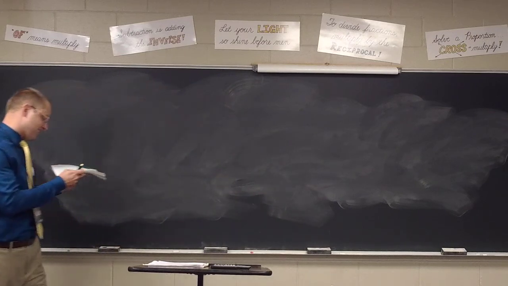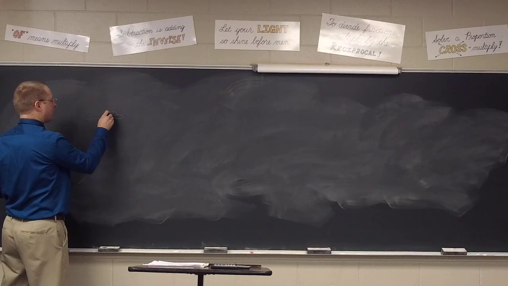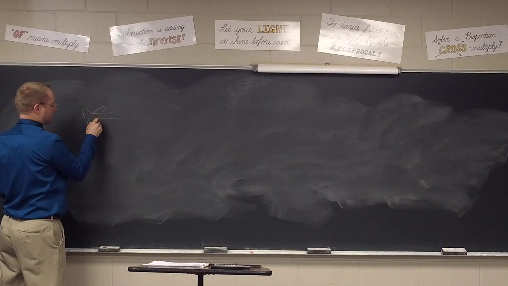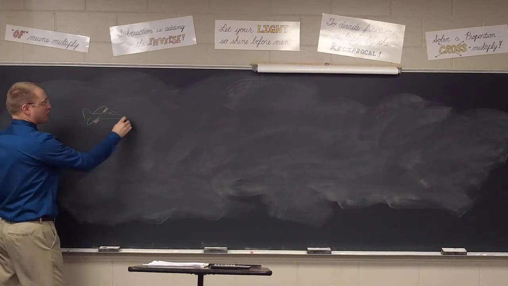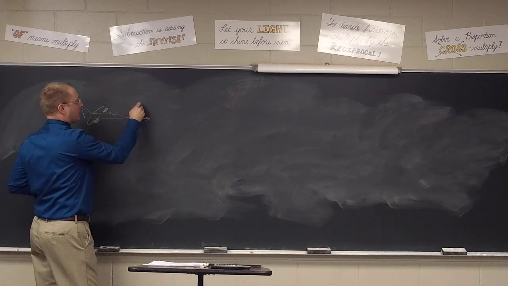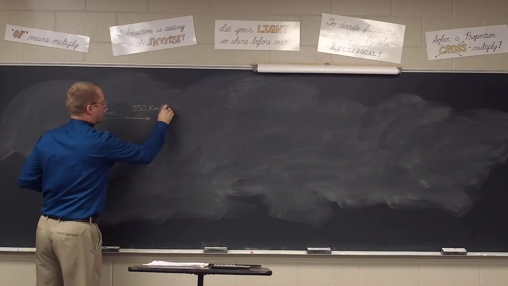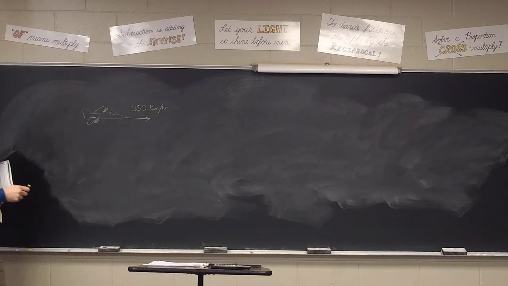It doesn't say this, but we have to assume the airplane is moving horizontally, and it says at 350 kilometers per hour. Inside the bomb bay is the bomb, so it is also moving horizontally at 350 kilometers per hour.